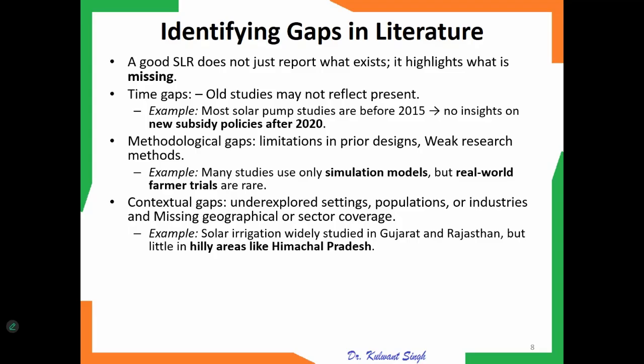Suppose one person collects different data from India on this particular topic using different keywords. Most of the studies were on Gujarat and Rajasthan, but solar pumps are also useful in hilly areas, where the transportation cost of electricity is very high and there is a risk during the transportation of the electricity. So this is the contextual gap.